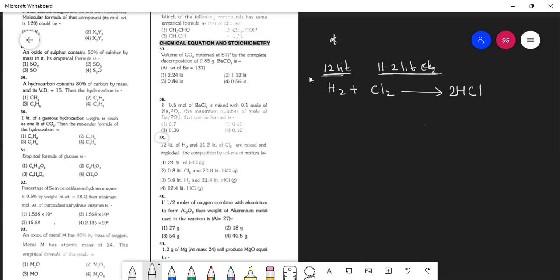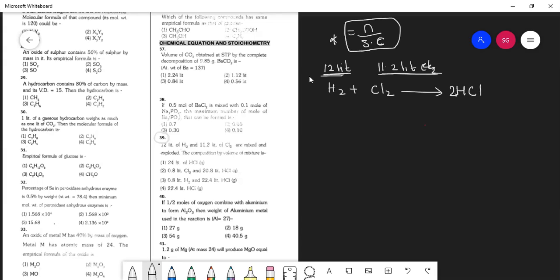Now, how to solve limiting reagent? I told you how to solve it. You need to check moles to stoichiometric coefficient. Whichever has the lesser moles to stoichiometric coefficient is the limiting reagent.